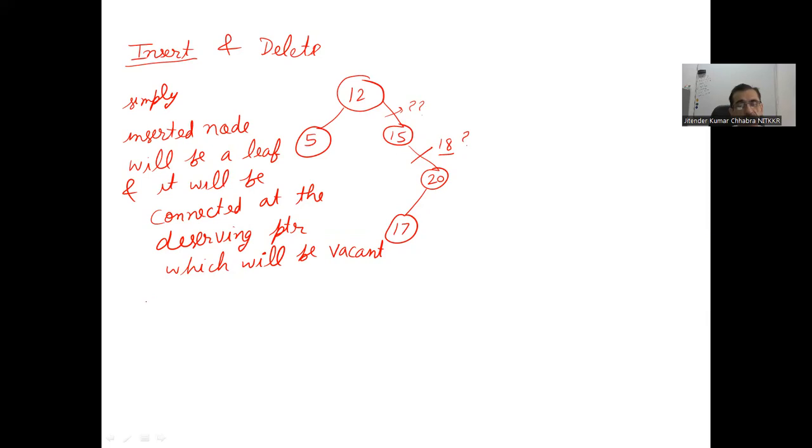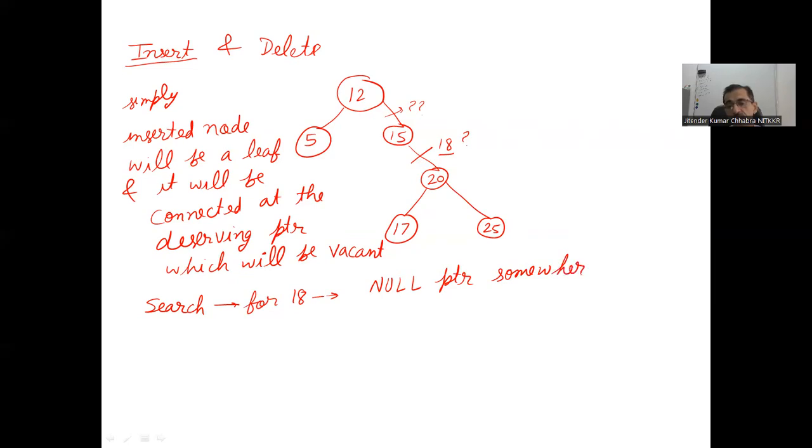How? Simple. Just recall search. Let's say I have here 25. I wanted to insert 18. Say I search for 18. Ultimately, if 18 doesn't exist, you will reach a null pointer somewhere. If you apply the search logic, you will reach a null pointer where you will claim that 18 doesn't exist.